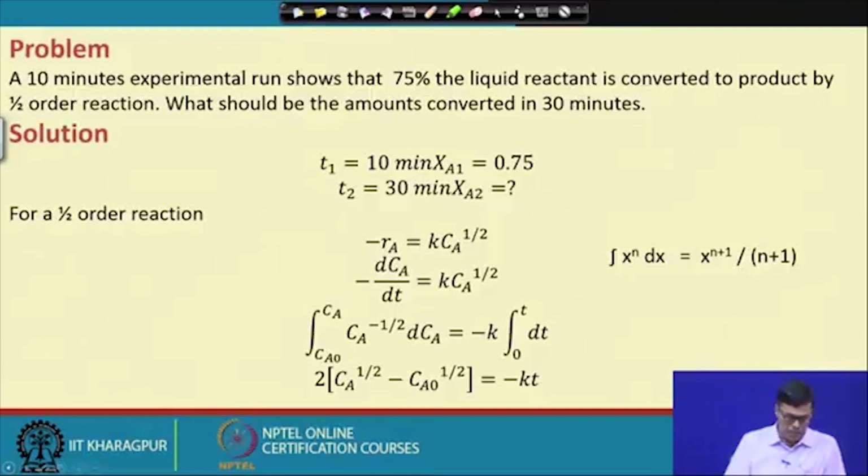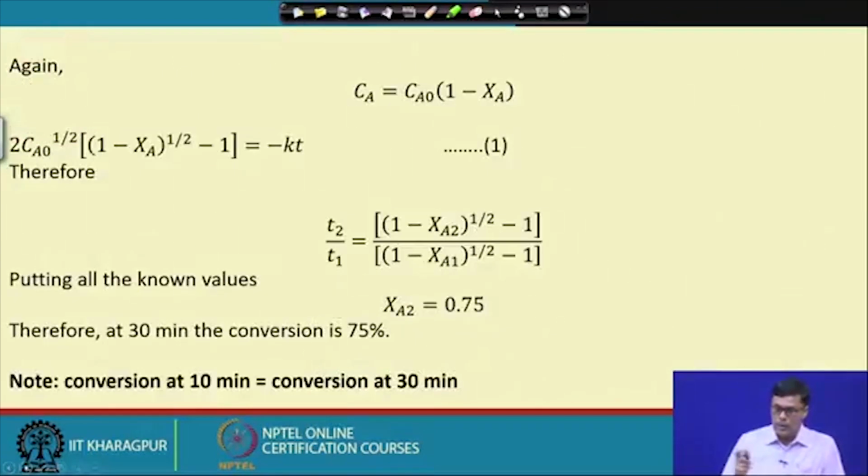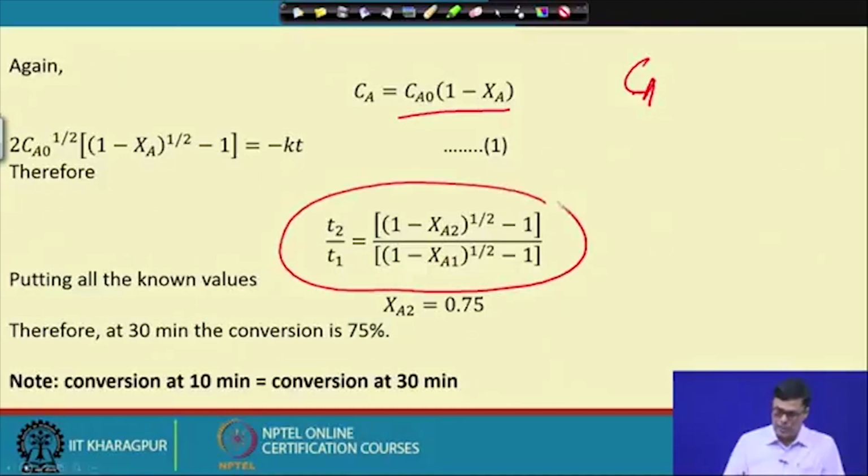Now once we have this equation, at the same time we know that Ca equals Ca0 into 1 minus x at any point of time. So in this equation we can put the value of Ca, and then for two different times, T1 and T2, if the fraction xa1 is converted at time 1 and xa2 is converted at time 2, we can have the expression like this.